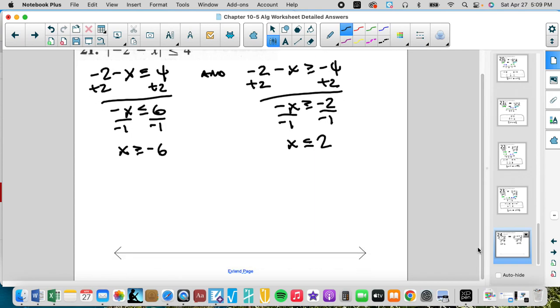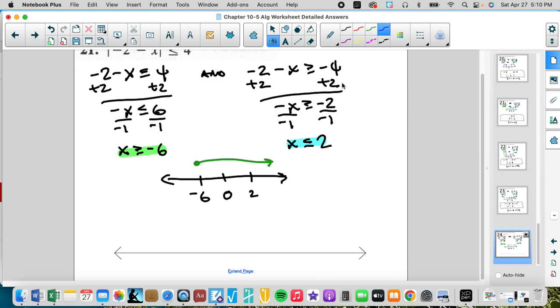Let's sketch. Let's see what that looks like. That's going to be negative 6, 0, and 2. Let's color, highlight, green, blue. Green, x is greater than or equal to negative 6. That's a closed circle.